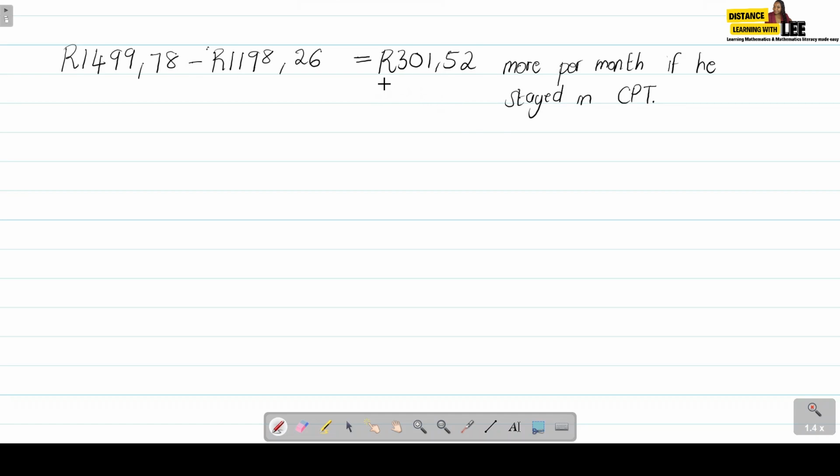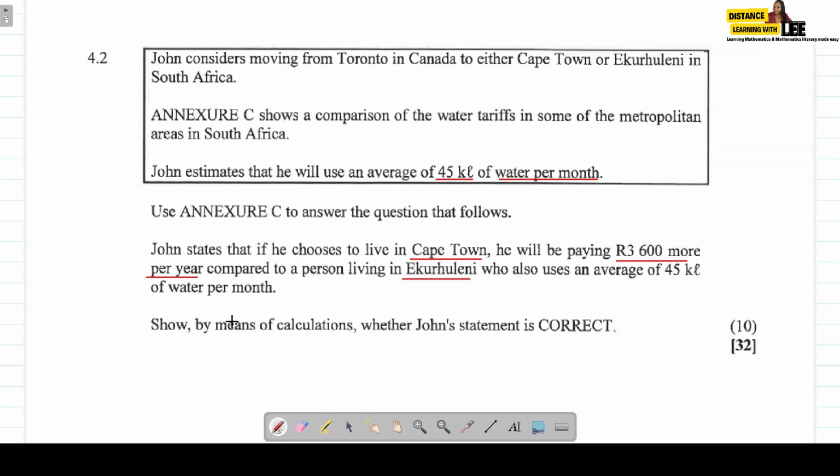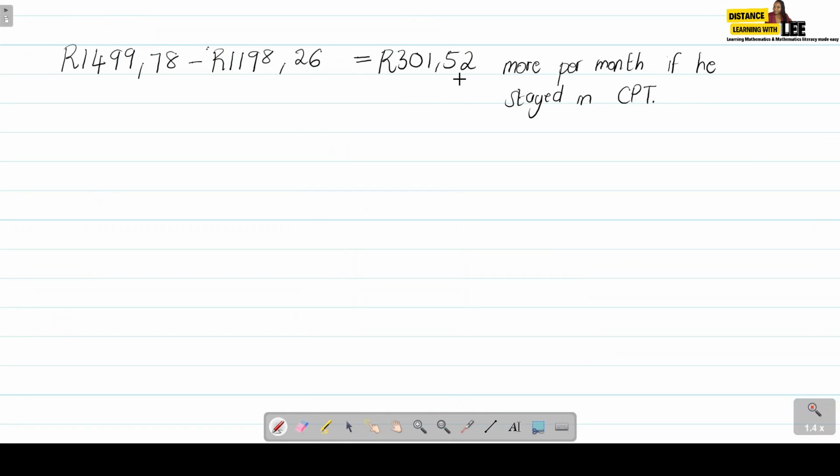So this answer basically tells us that if he were to stay in Cape Town, he would pay 301 rand and 52 cents more per month, right, than he would pay if he was staying in Ekurhuleni. However, we were told here that we need to find out how much more he would pay per year, right? So only what we've just calculated here is how much more he would pay per month.